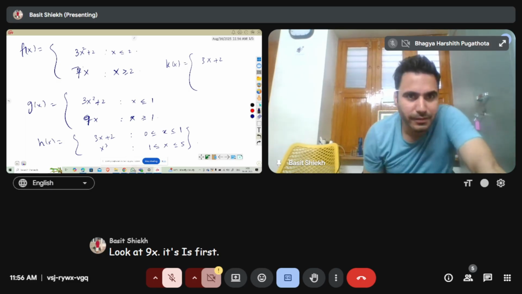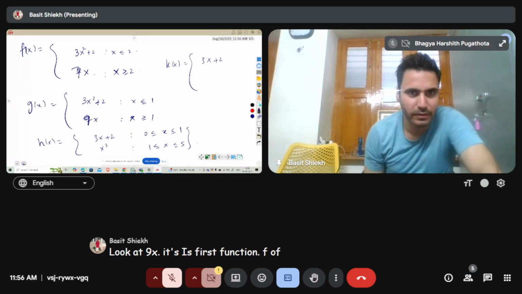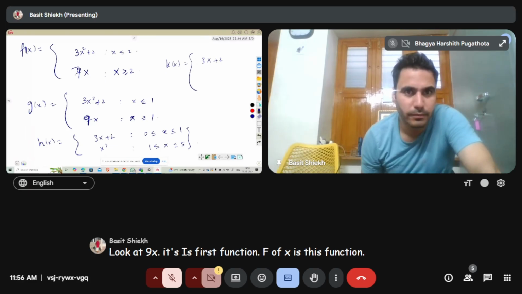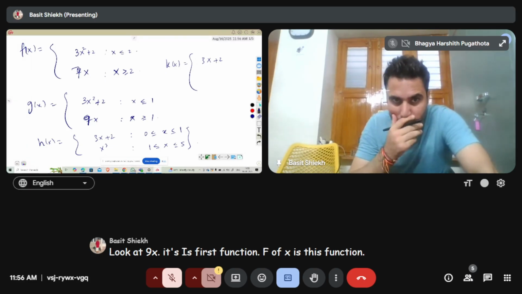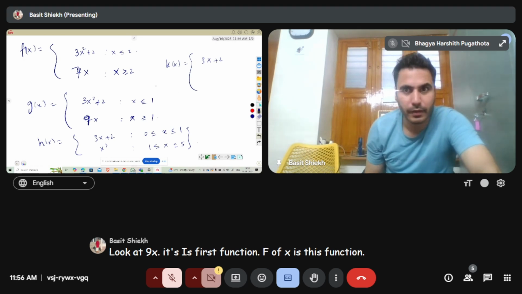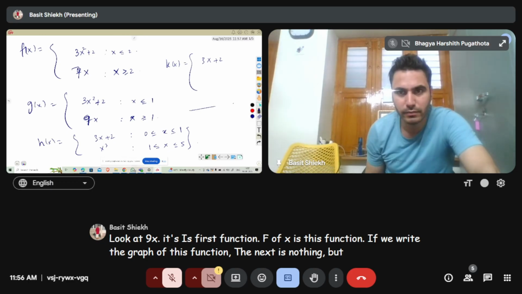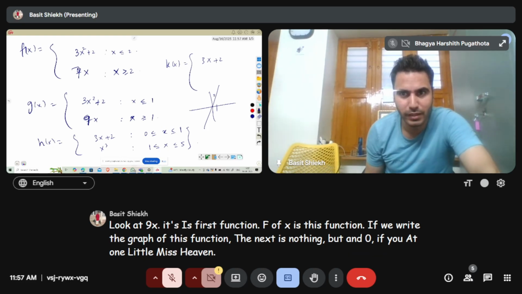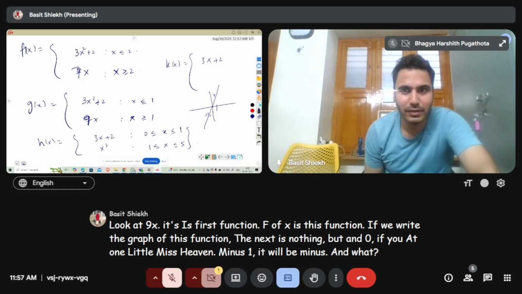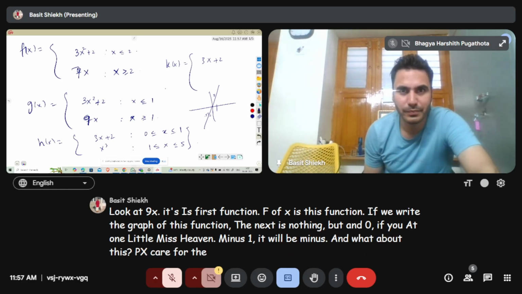The first function f of x is this function. If we write the graph of this function, 7x is nothing but it will reach here. At 0 it will be 0, then it will go like this. At 1 it will be 7, at minus 1 it will be minus 7. And what about this 3x square plus 2?